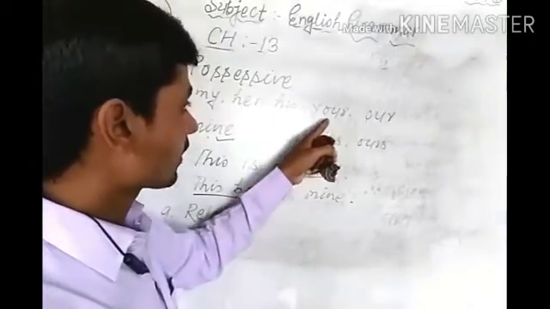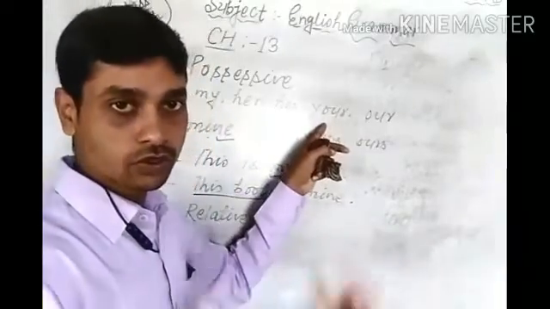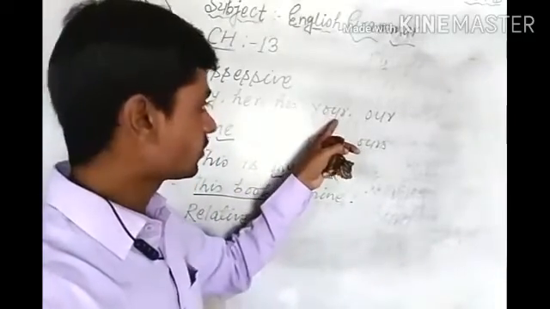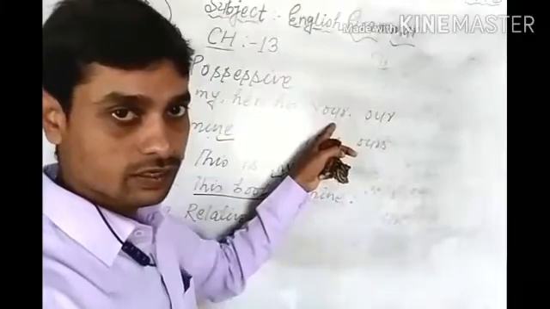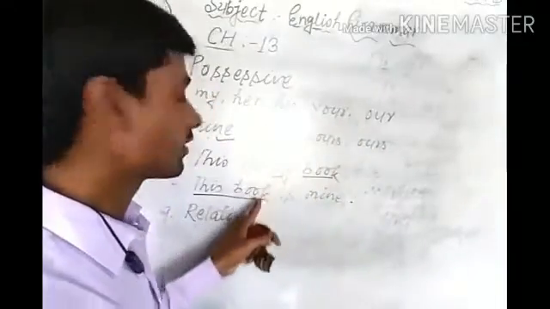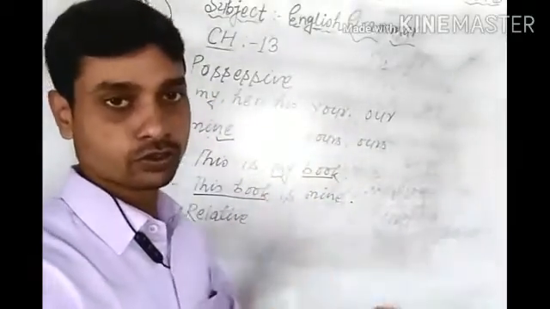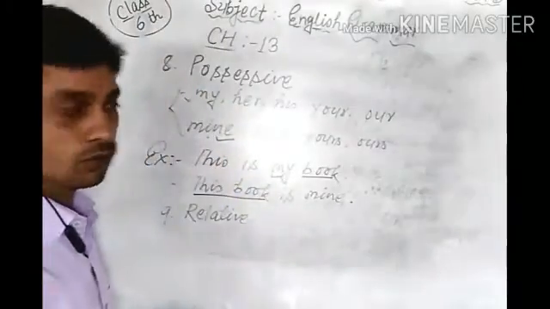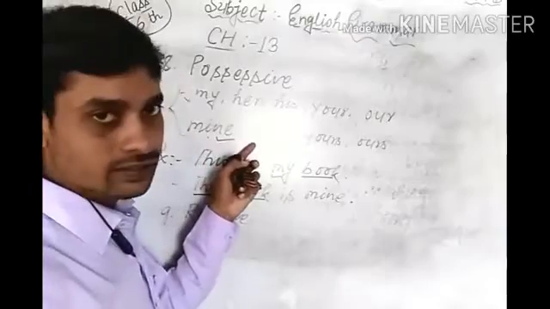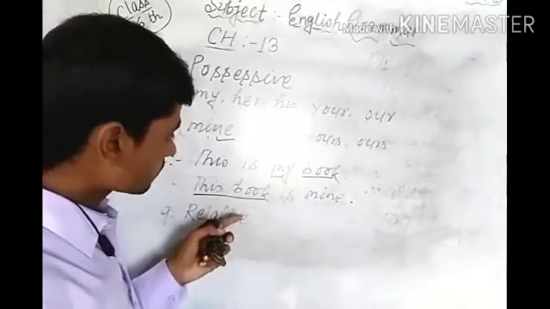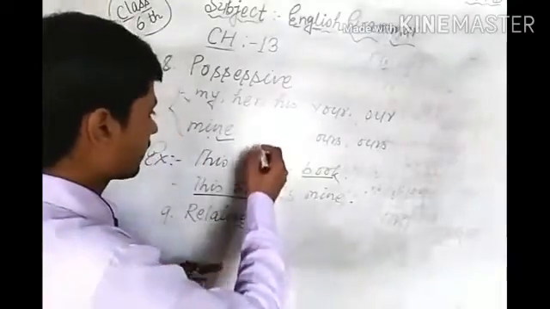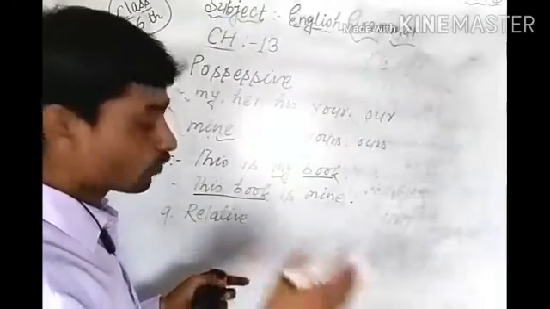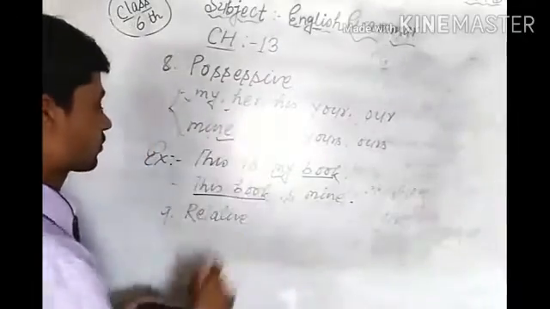Now next, this is your book, with the first type, and we can also use the second type, this book is yours. So there are two types of possessive pronoun. After the noun the second type will be used, and before the noun the first type will be used.